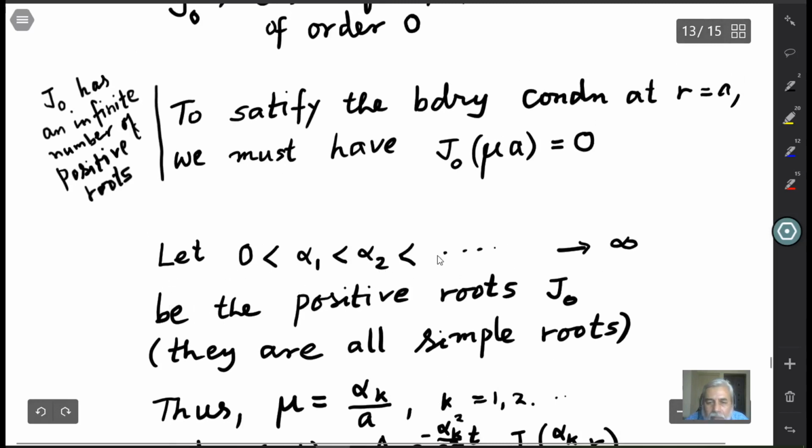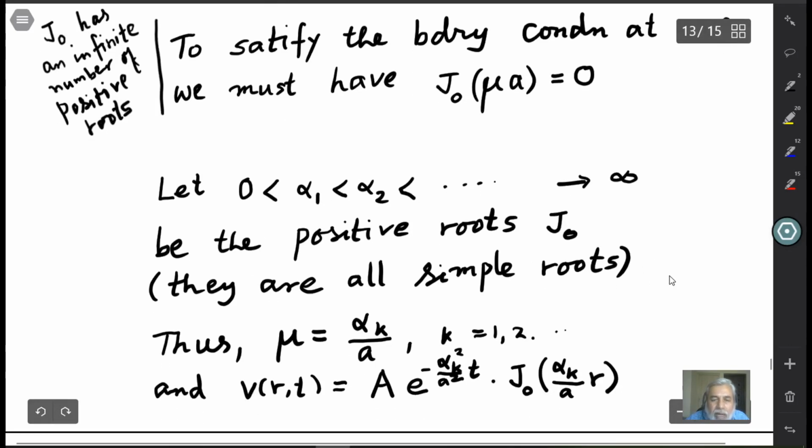Let 0 < alpha_1 < alpha_2 < ... be the positive roots of J0, listed in order. Another important property is that they are all simple roots.